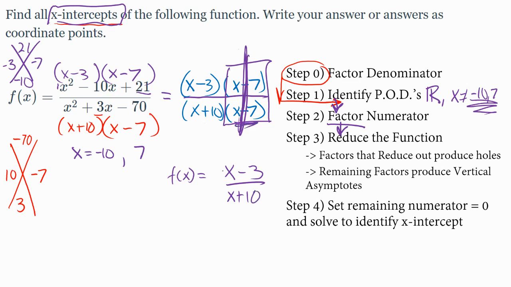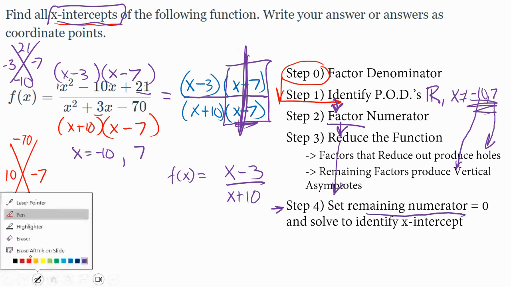So my goal is to, now that I've reduced, I'm not actually going to talk much about the vertical, although I'll say it, the 7 reduced out, so it's a hole, and the negative 10 is a vertical asymptote. But the point is not about that here. Our goal is to get to step 4, which is to set the remaining numerator equal to 0, which is just this x minus 3 part.